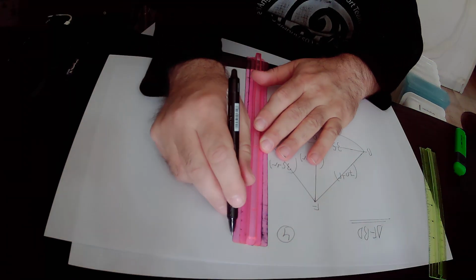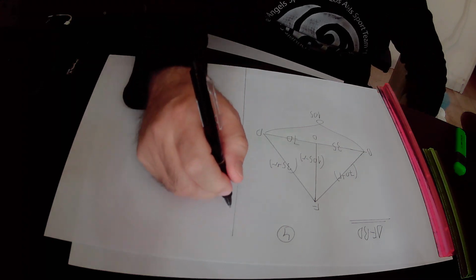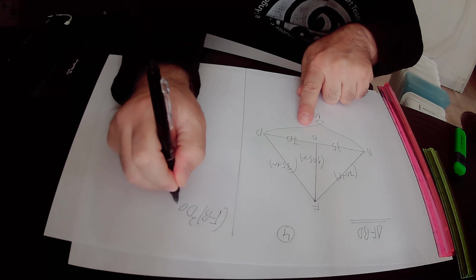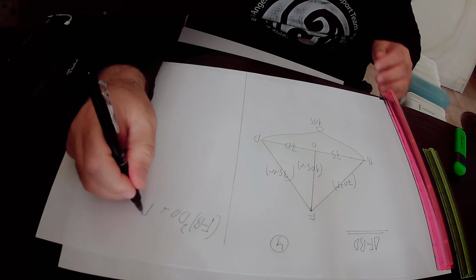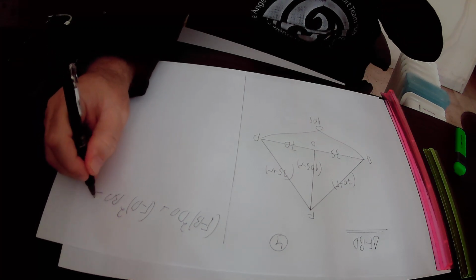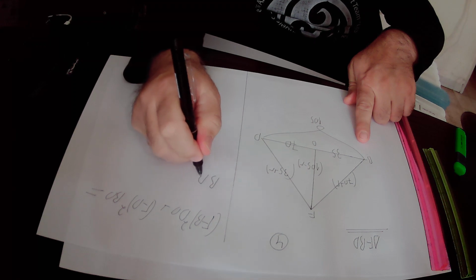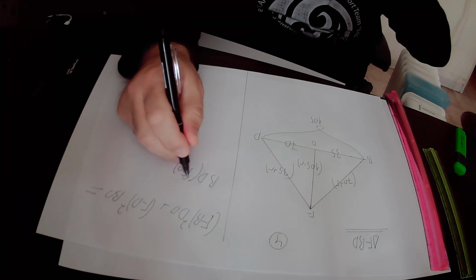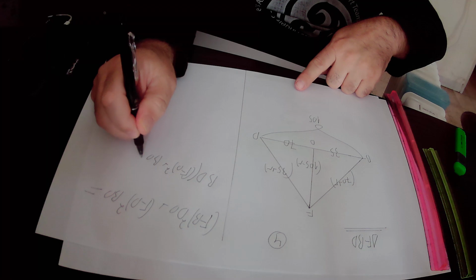According to Stewart's theorem, in this triangle FBD, FB squared times DO plus FD squared times BO equals BD times, inside the brackets, FO squared plus BO times OD.